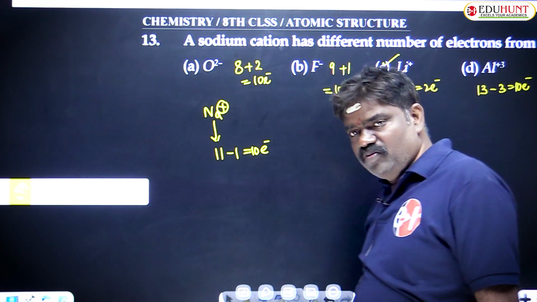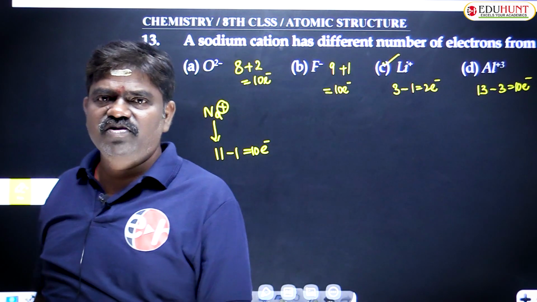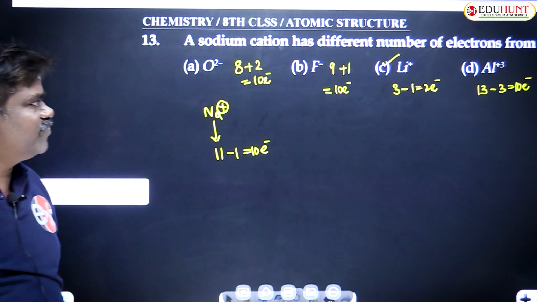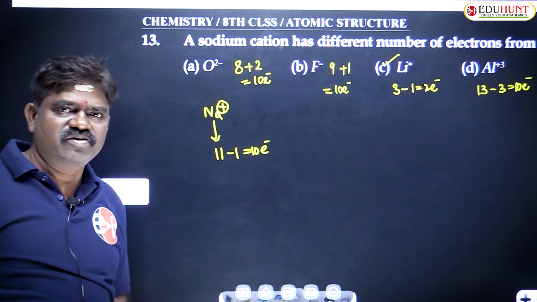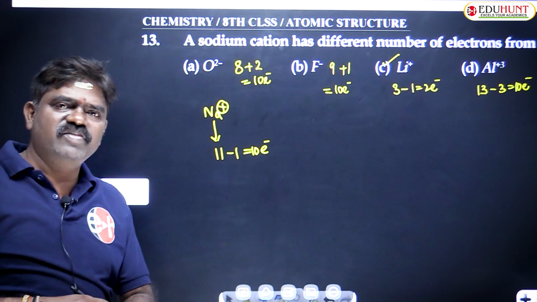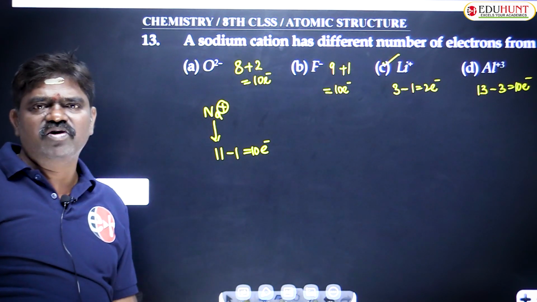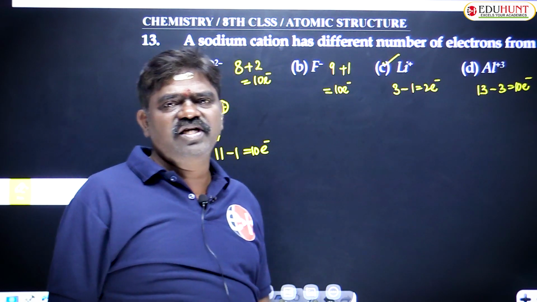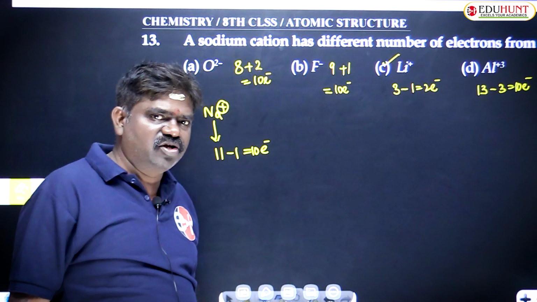See, the question is, a sodium cation has a different number of electrons from. Sodium cation is stable in the plus 1 oxidation state, because in Na plus the valence shell contains 8 electrons and it is stable.